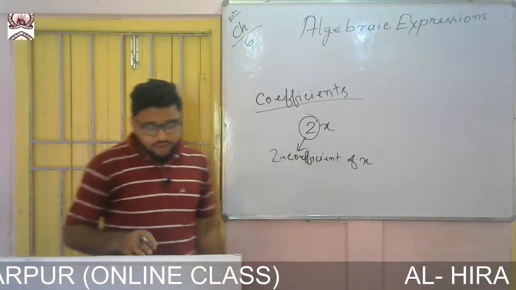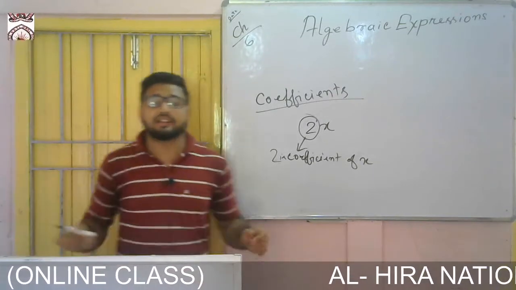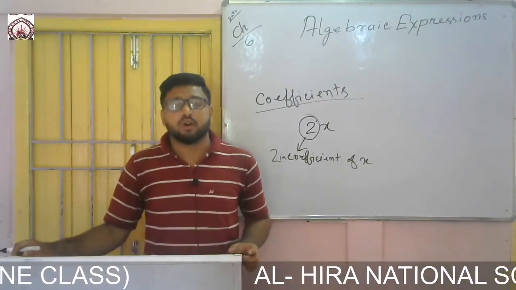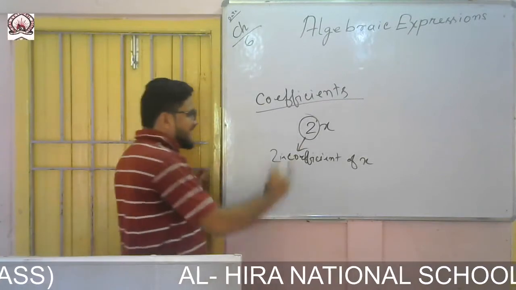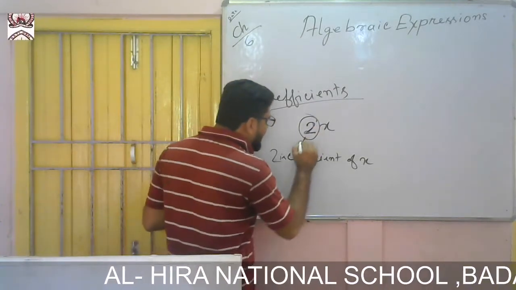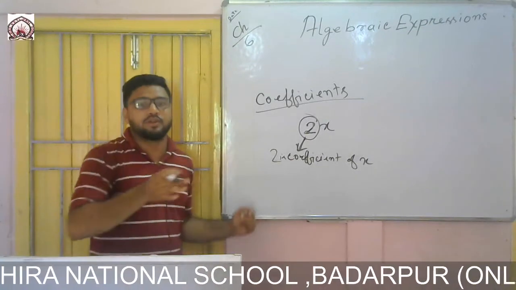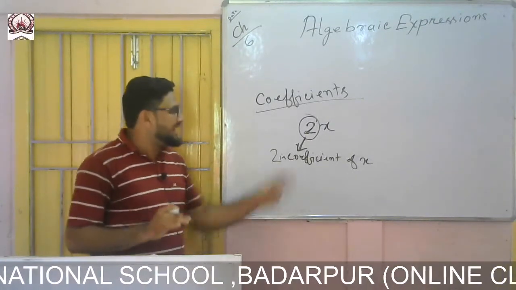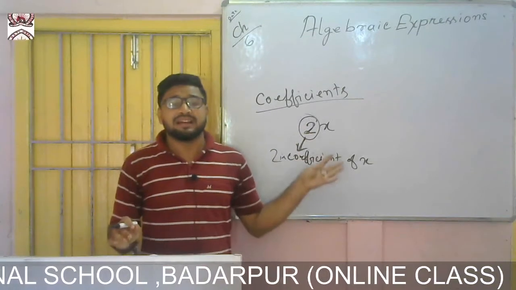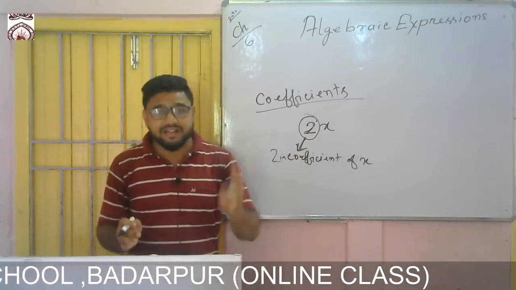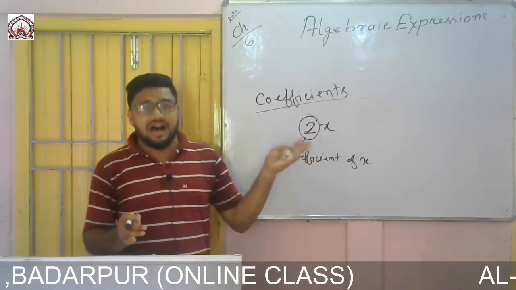And coefficients are of two types. One is numerical coefficient, and another one is literal coefficient. Here this 2 is the numerical coefficient, because numerical means the numbers 1, 2, 3, 4, 5, 6 and so on. And another is literal, that means letters, that is with alphabets.